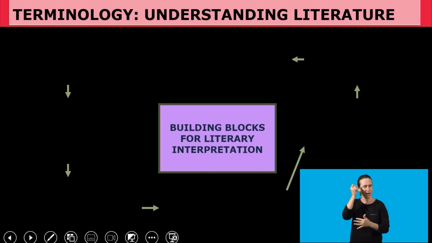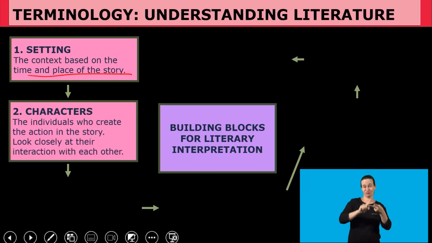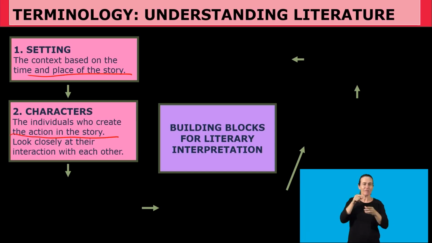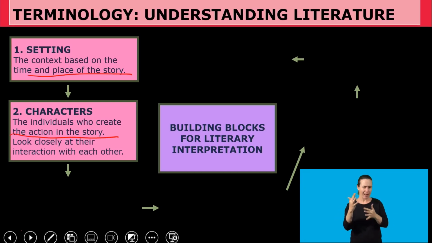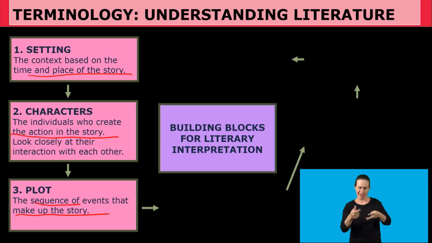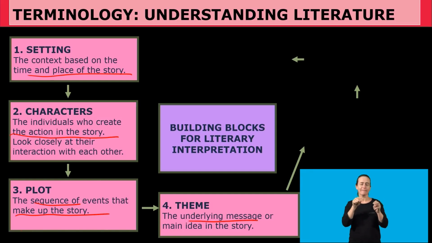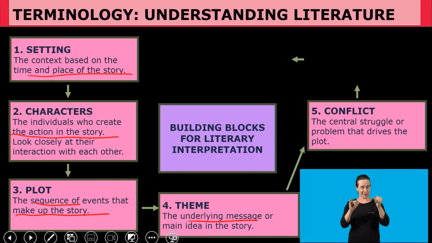Now, let's look at how to interpret and understand a drama. Firstly, you need to know the setting, which is the context based on the time and place of the story. Then, the characters, the individuals who create the action in the story. Look closely at their interaction with each other. Plot, the sequence of events that make up the story. Theme, the underlying message or main idea in the story.